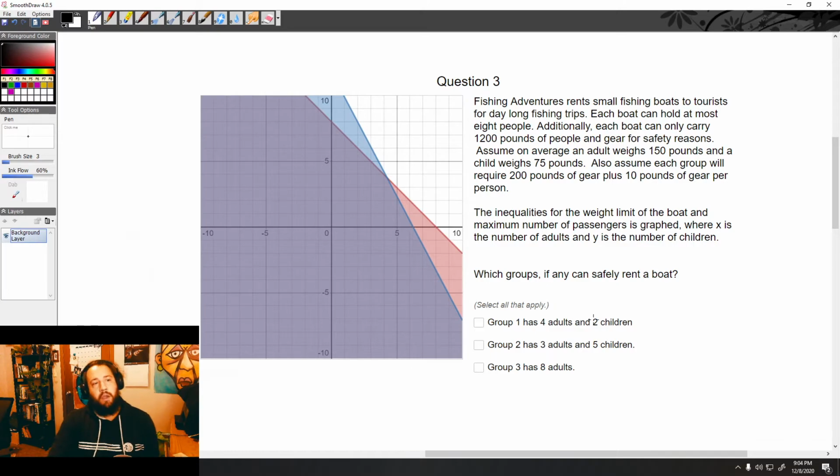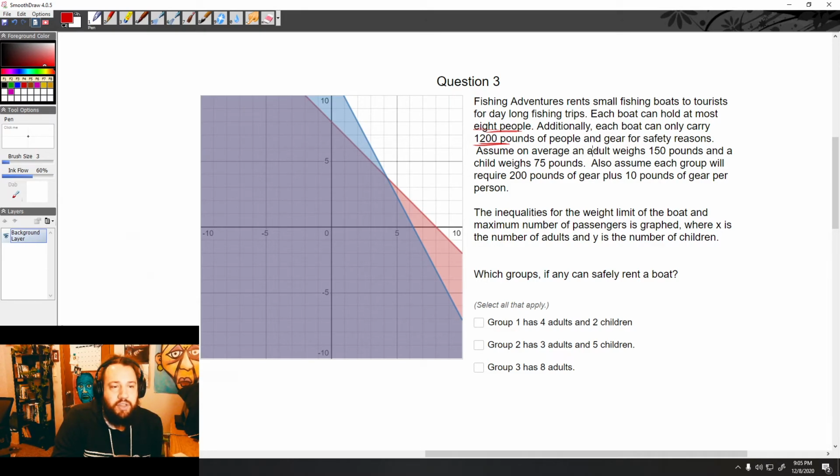Question 3. Question 3 is about fishing. So, Fishing Adventures rents small fishing boats to tourists for day-long fishing trips. Each boat can hold at most 8 people. There's a lot going on in this story. Additionally, each boat can only carry 1,200 pounds of people and gear for safety reasons.